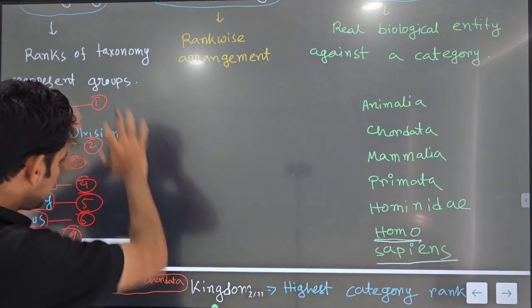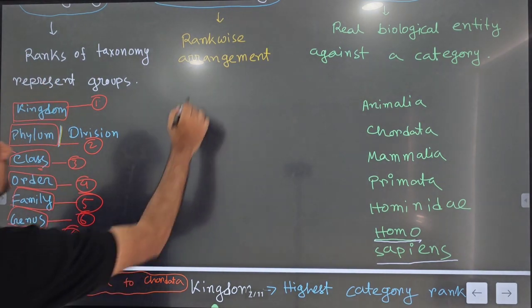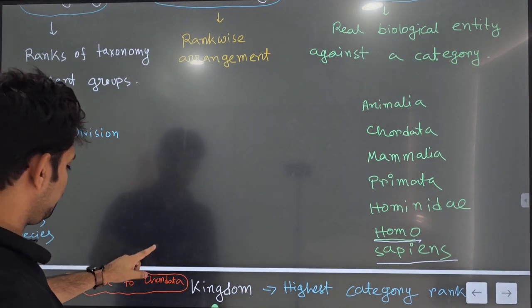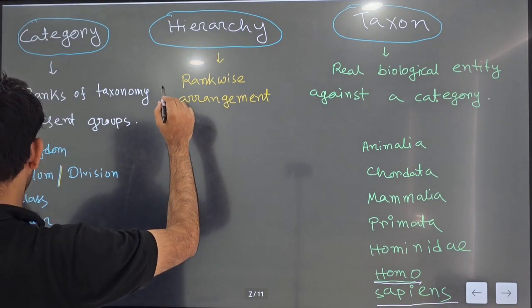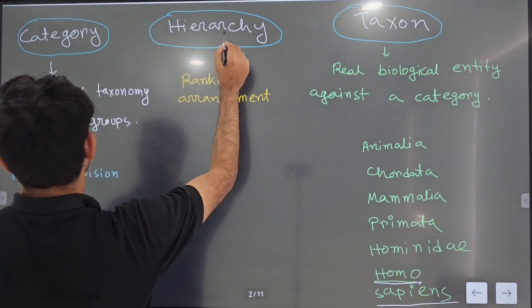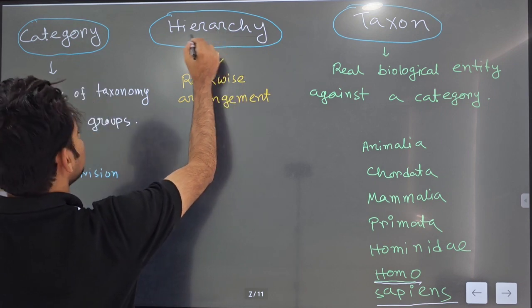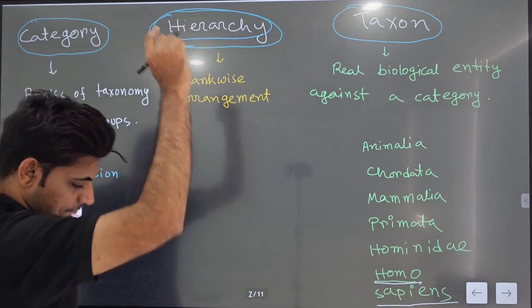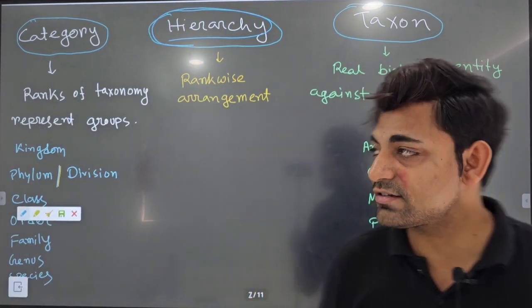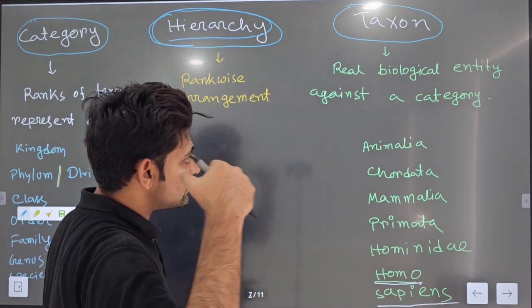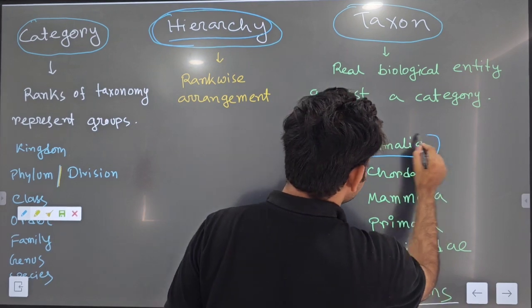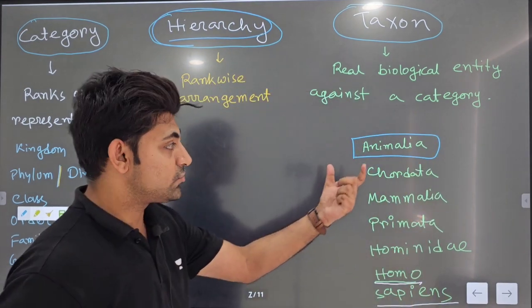This rank-wise arrangement is called hierarchy. Each rank is called a category, and against each rank, the real biological entity is called taxon.